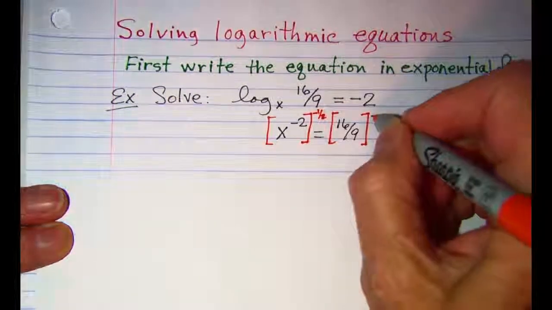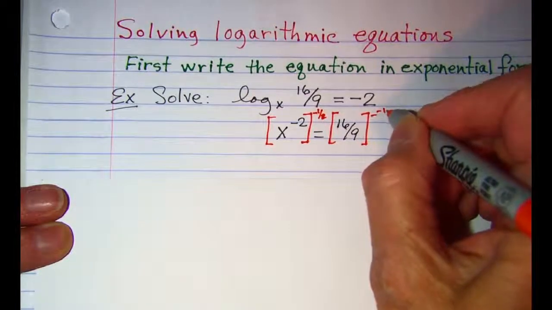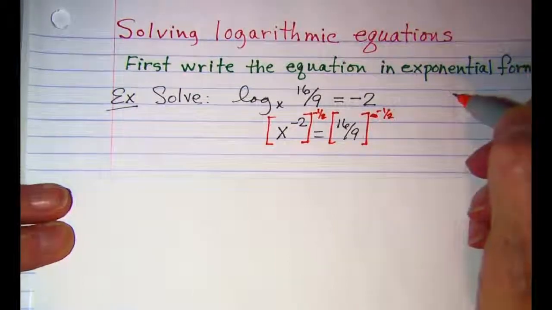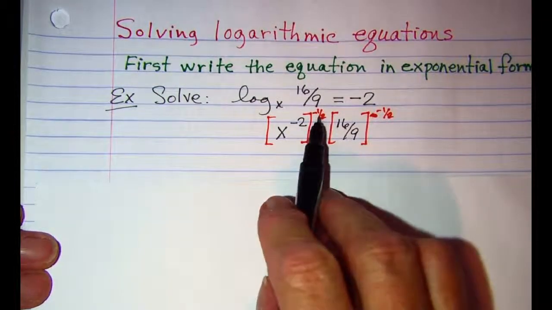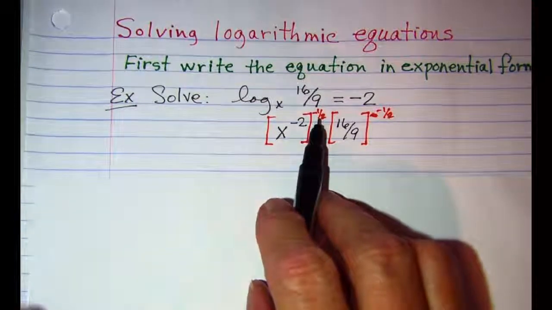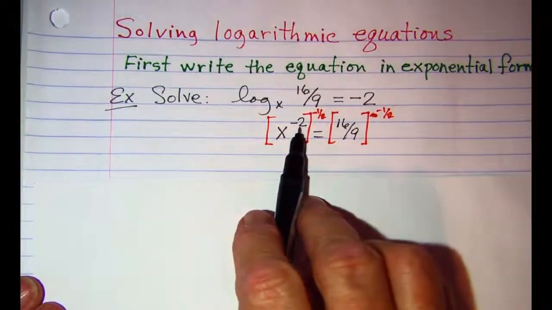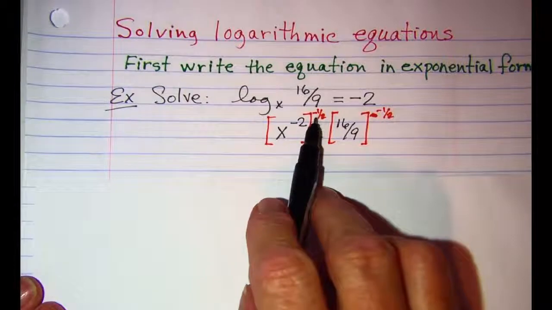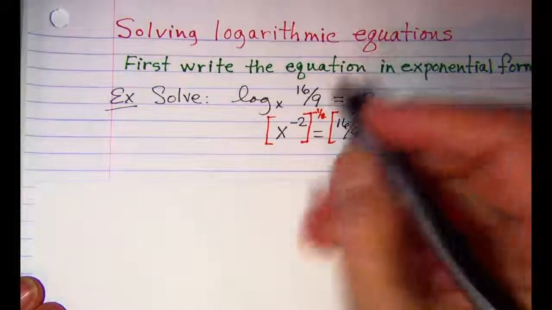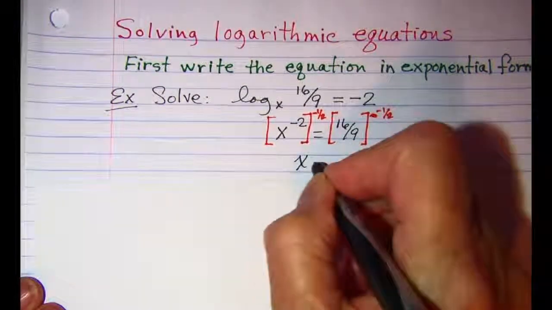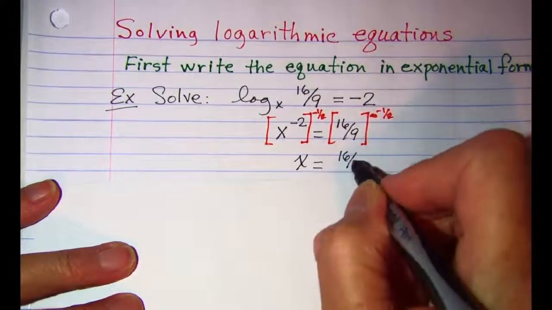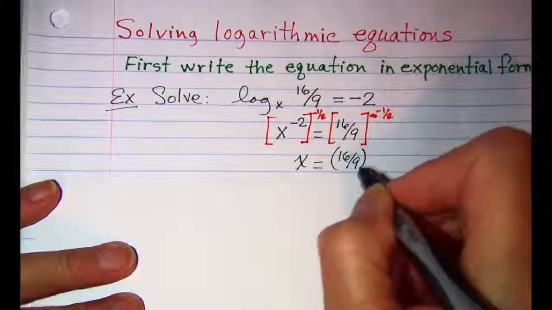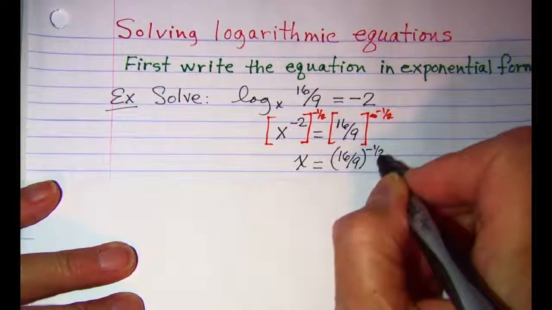So I'm going to raise both sides of this equation to the -1/2 power. Now, whenever we have a power to a power, we multiply those exponents, and when we multiply -2 times -1/2, we get a +1. So we have x equals 16/9 to the -1/2 power.